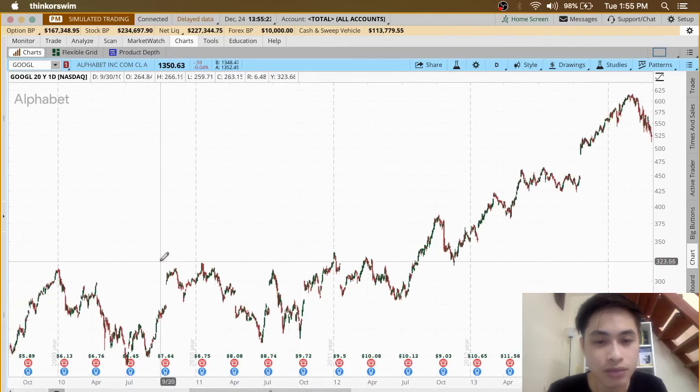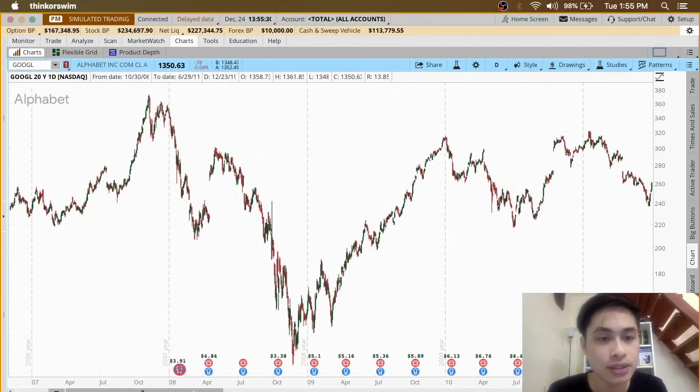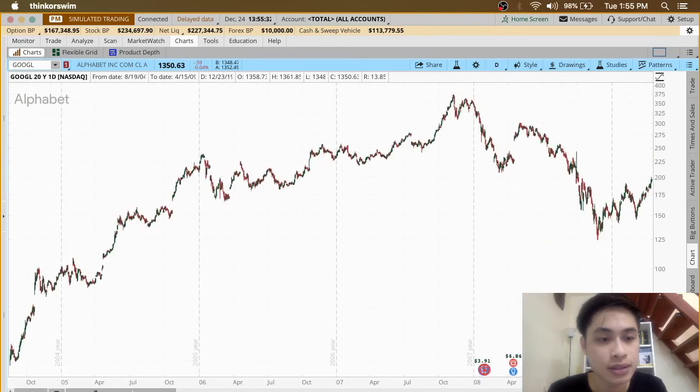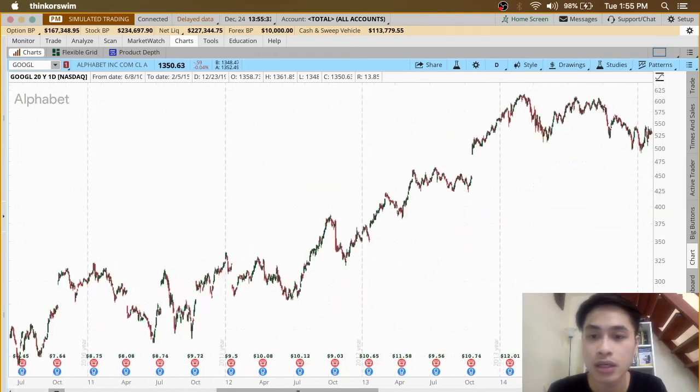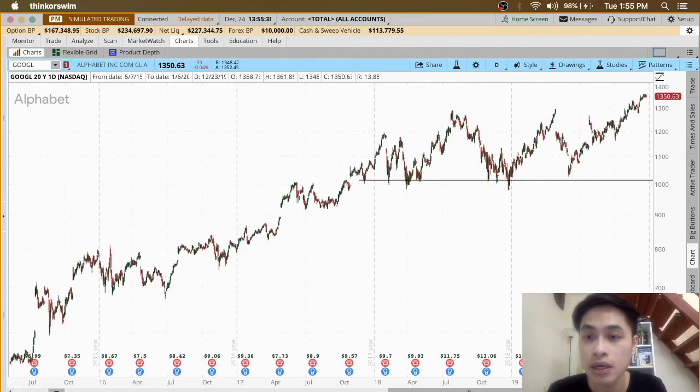Maybe this one, but this one is not very strong and clear. For Google, I also cannot identify any clear and strong resistance level.